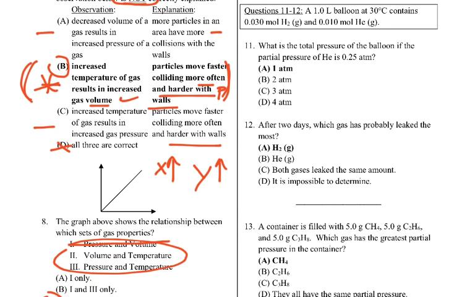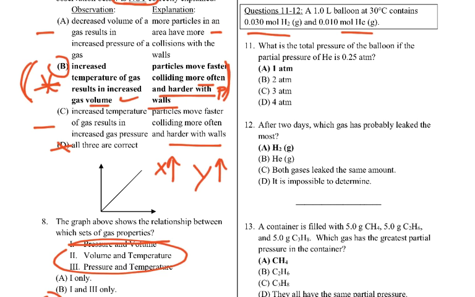Okay, we're talking about 11 and 12. A 1-liter balloon at 30 degrees contains 0.3 moles of hydrogen and 0.01 moles of helium. So we have two different gases inside there. What's the total pressure of the balloon if the partial pressure of helium is 0.25? Well, every gas particle causes the same pressure.